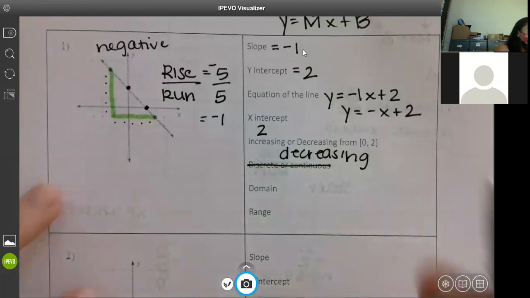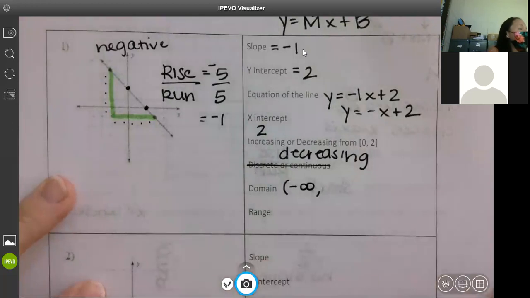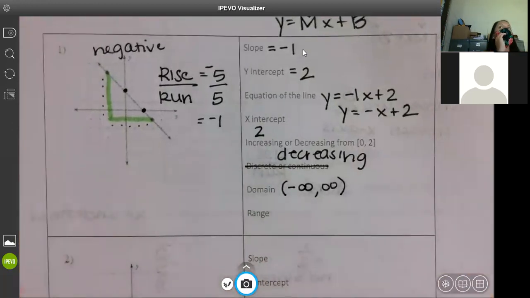Negative. So your domain, it's always left to right, is negative infinity to positive infinity. Linear equations will always, listen carefully, they will always be negative to positive infinity as long as they are continuous. The only thing we work with right now are continuous graphs, okay?